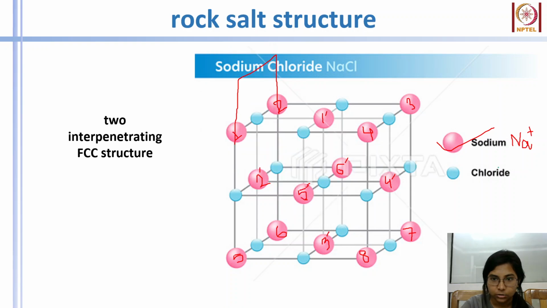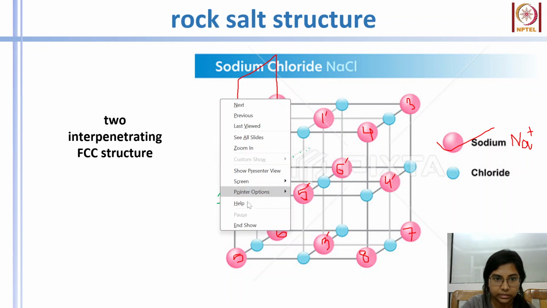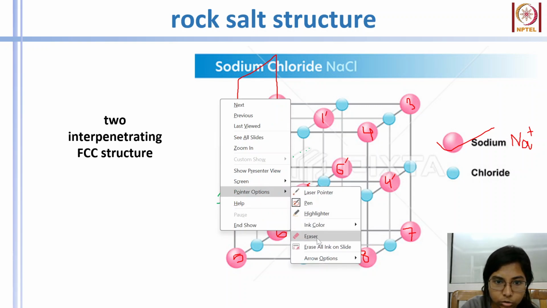If I start my point, this is your 1, and then it will extend in the backward direction like this. This one will also be green actually.